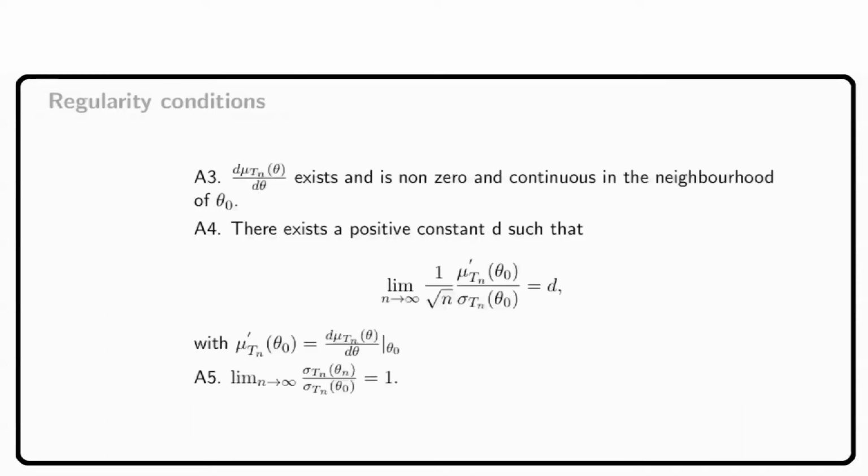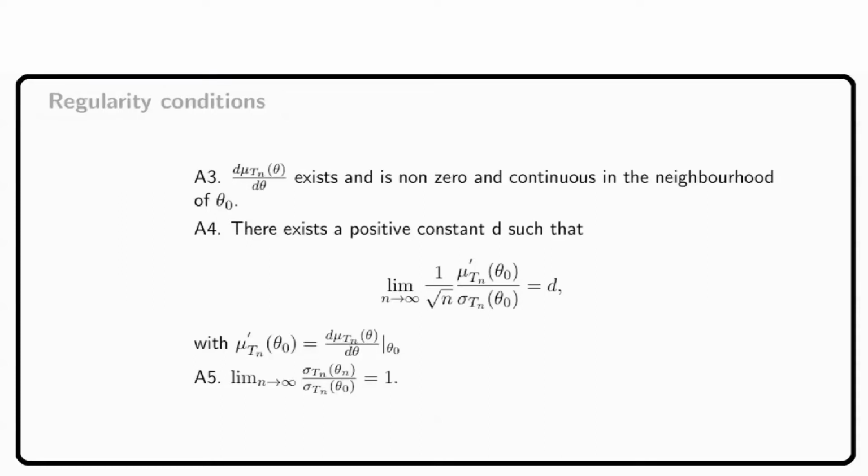Now assumption A3: the first derivative of mu Tn theta with respect to theta exists, is non-zero, and is continuous in the neighborhood of theta naught.